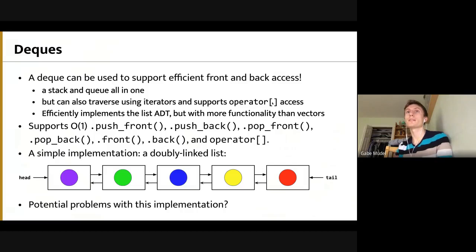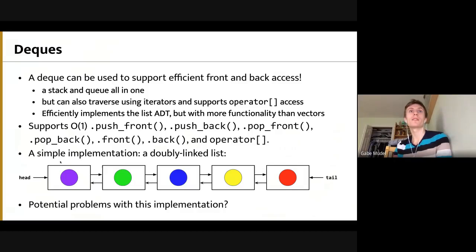This bracket means it supports random access like an array would, right? So if you have a deque and you say deque at 3, you'll get the third element, which is awesome. This is kind of everything you want in a container, really. All of this stuff, push front, push back, pop front, pop back, front, back, square brackets, it can do in O of 1 time.